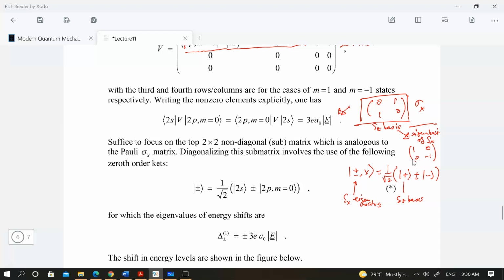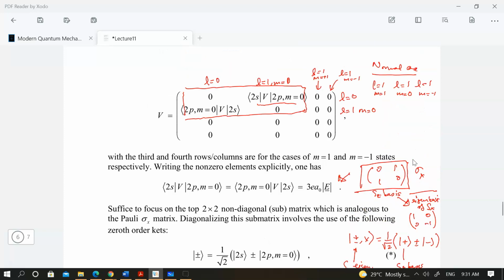You focus on the top 2 by 2 non-diagonals. So that explains the reason why we are not using the normal convention over here. We just want that part to look like that. This thing looks like this thing. That's the only reason.